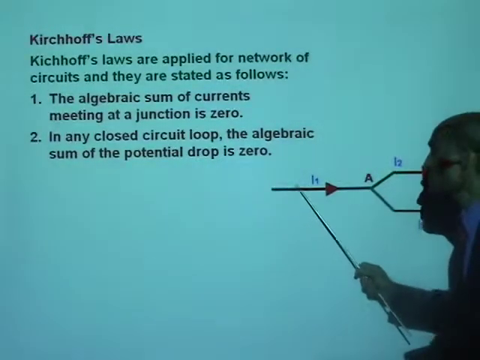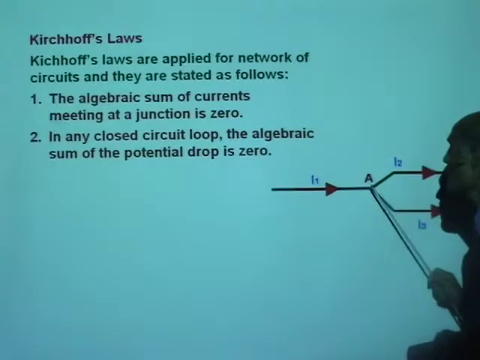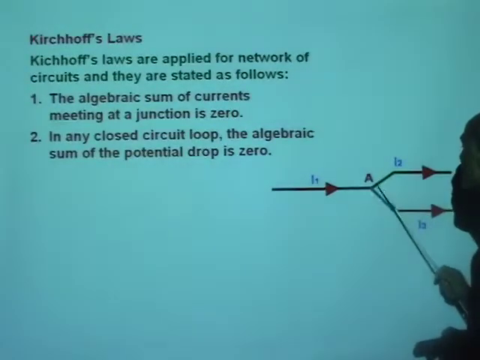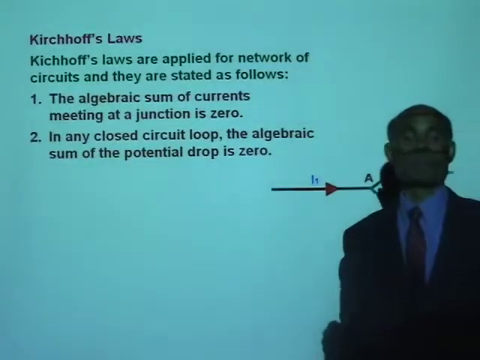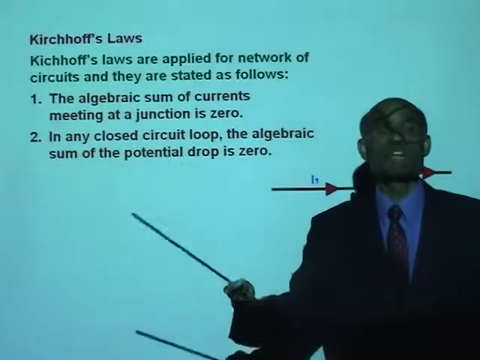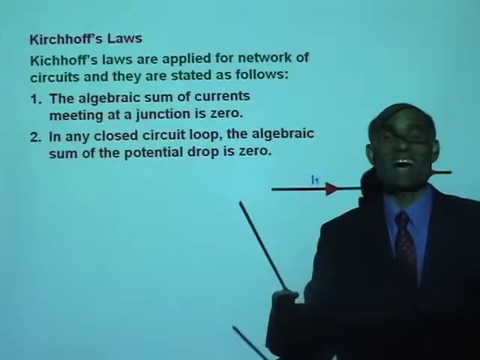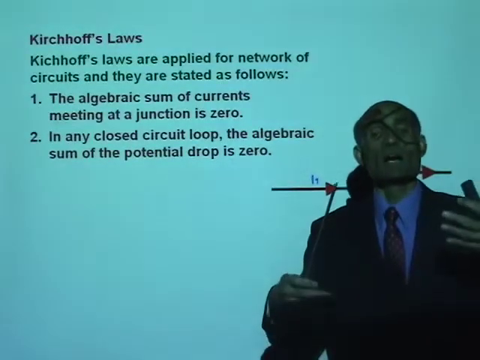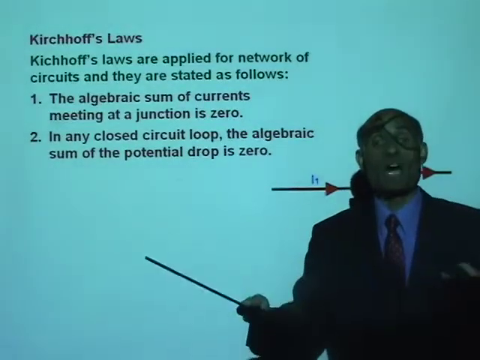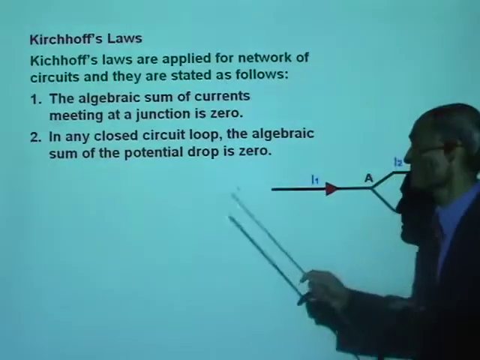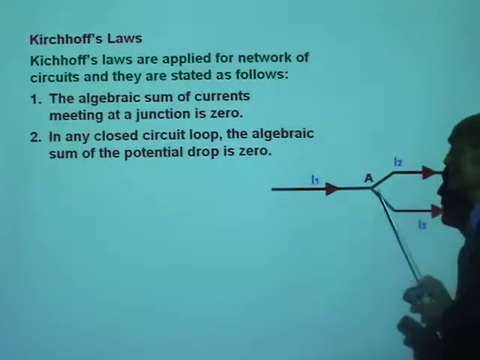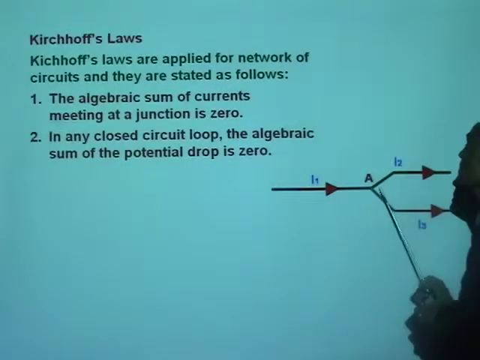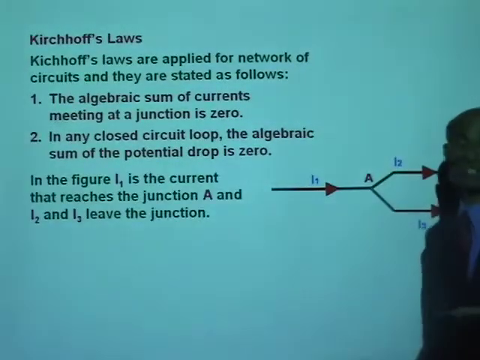The current reaching that junction is I1, and I2 and I3 are leaving that junction. Now when you talk about algebraic sum, you need to assign these values their appropriate sign, positive or negative. A current reaching a junction is positive, then the current leaving that junction will be negative.